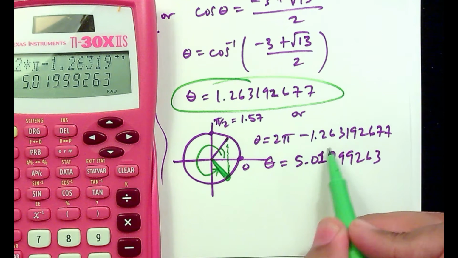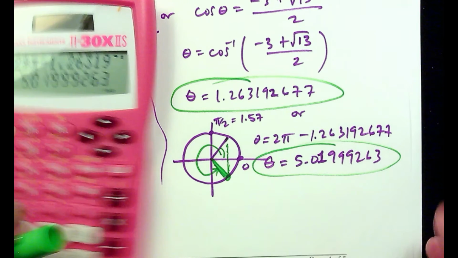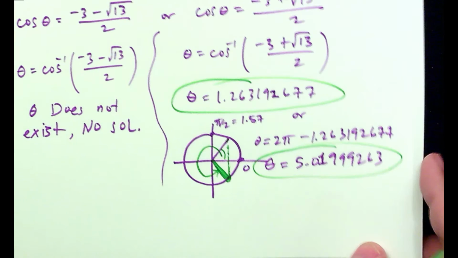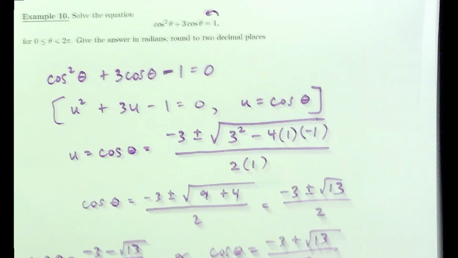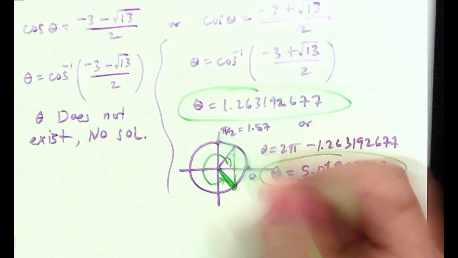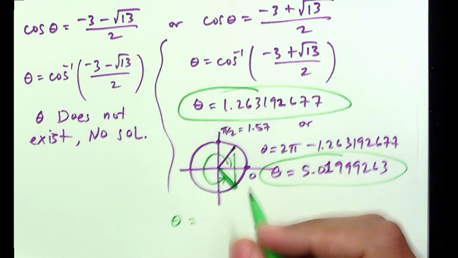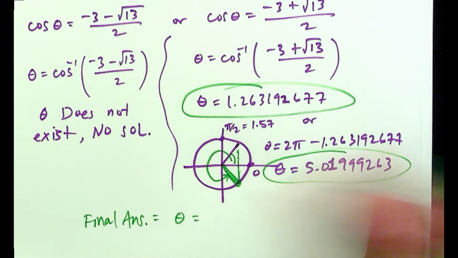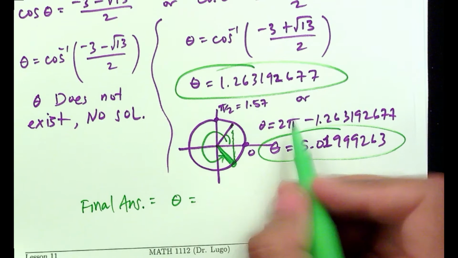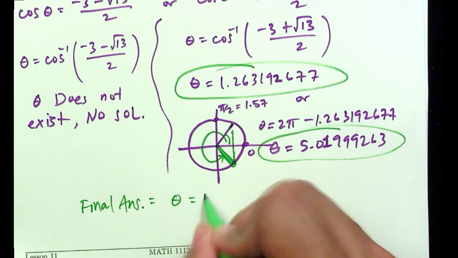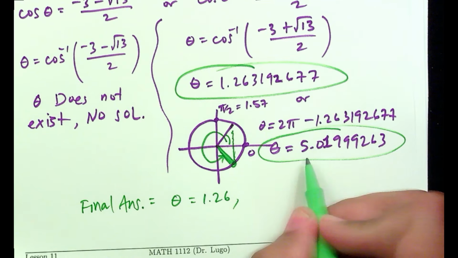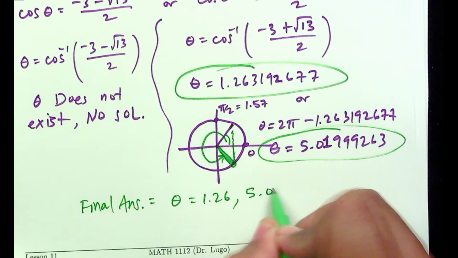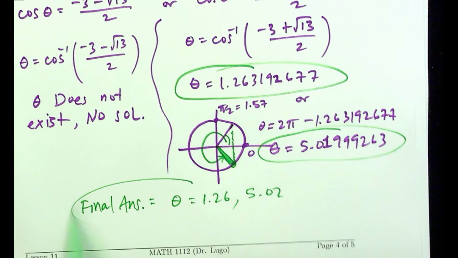Okay, so these are the two answers. We still haven't rounded, so that's the last thing we're going to do, round to 2 decimal places. So giving the final answer, rounding this to 2 decimal places, that would be 1.26, and the second one will be 5.02.